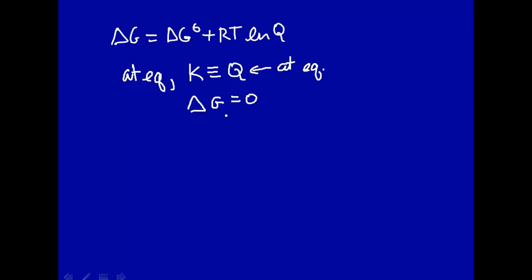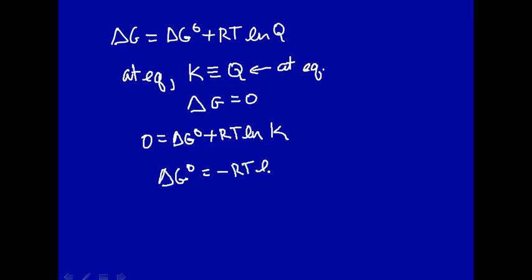The derivative, the slope, is 0. So this means that 0 is delta G0 plus RT times the natural log of K. We're making this switch in symbol from Q to K. In other words, delta G0 is minus RT times the natural log of K. And delta G0 would be the free energy change when you start with reactants and products in their standard state and let them react. That's kind of cool.